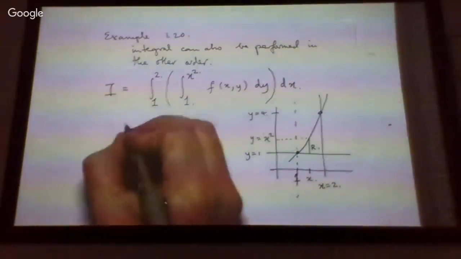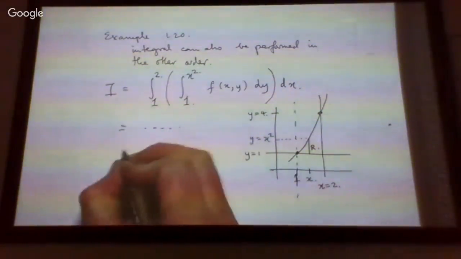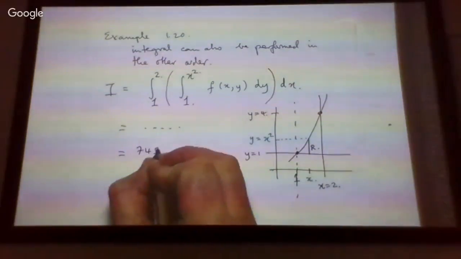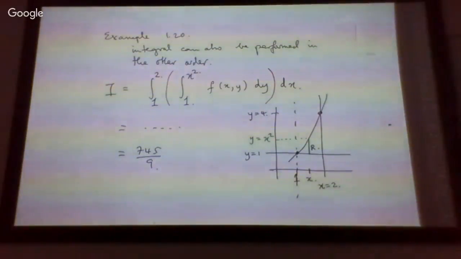And as an exercise, if you carry this double integration through, you will get the same value as you got in the original order. Is that okay? Any questions on that at all? Is there anything on that you'd like me to clarify for you?